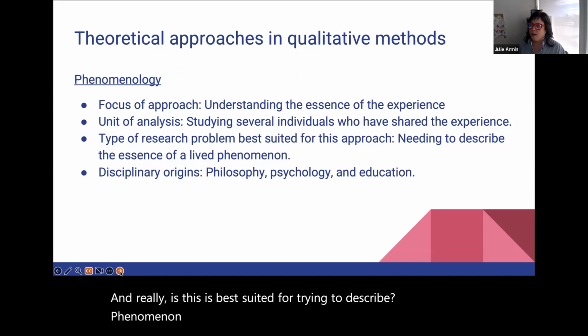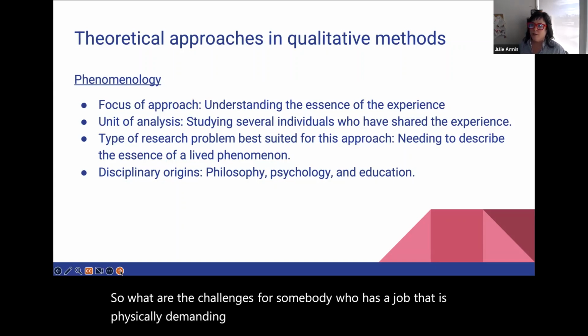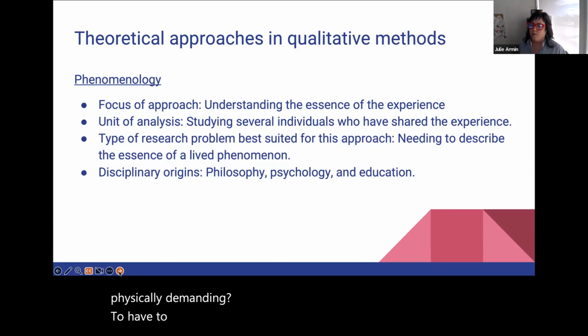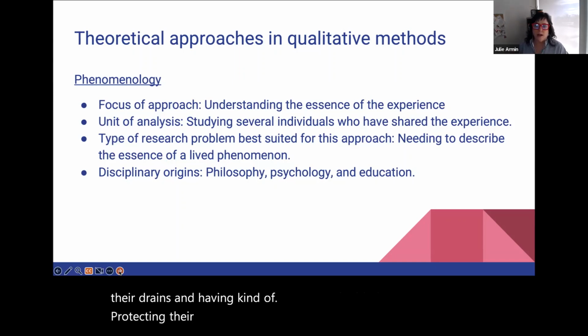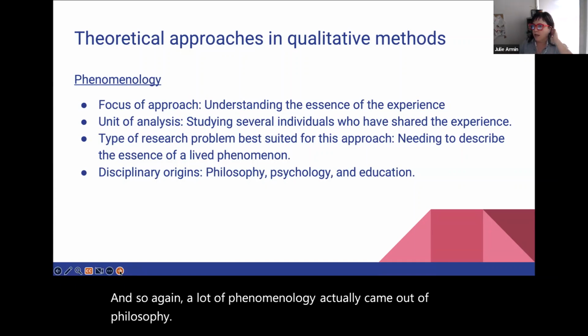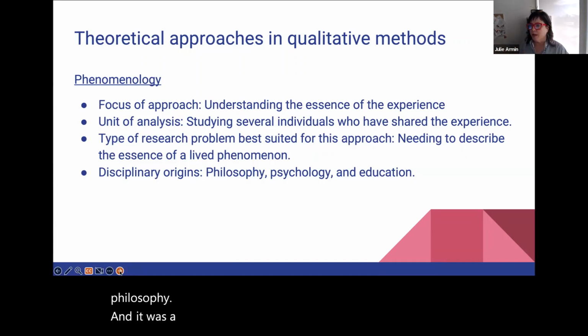So what are the challenges for somebody who has a job that is physically demanding to have to recover after breast surgery and address the needs of their drains and protecting their incisions? And so again, a lot of phenomenology actually came out of philosophy. It was a concept developed by a philosopher, but it's been taken up in a lot of social sciences.